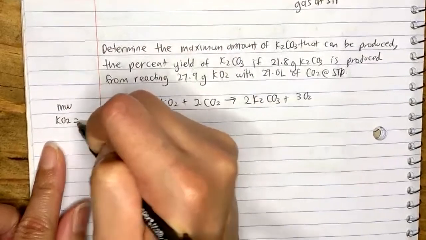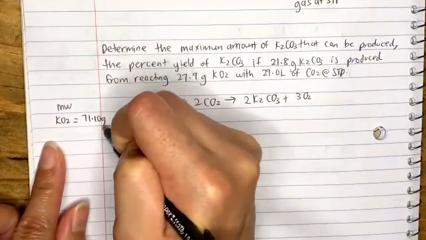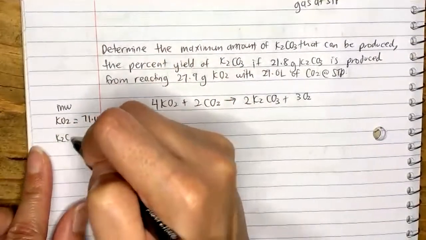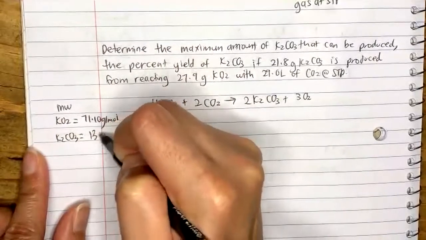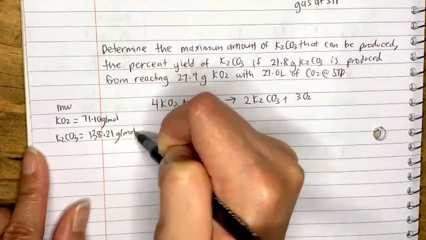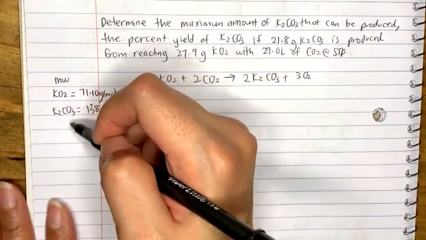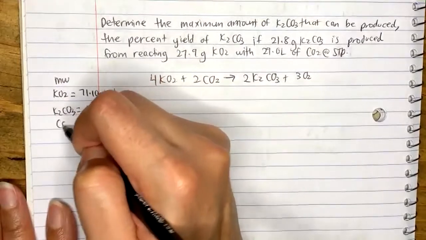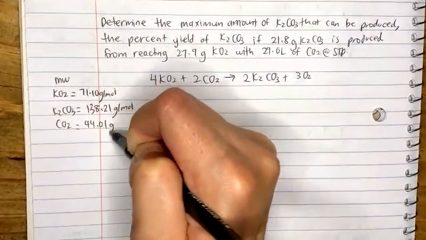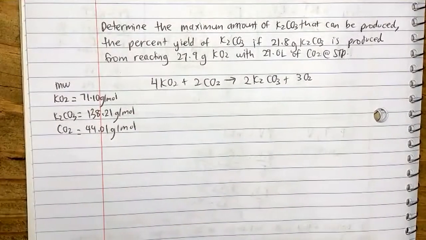KO2 is 71.10 grams per mole. K2CO3 is 138.21 grams per mole. CO2 is 44.01 grams per mole. So we have all that information here.